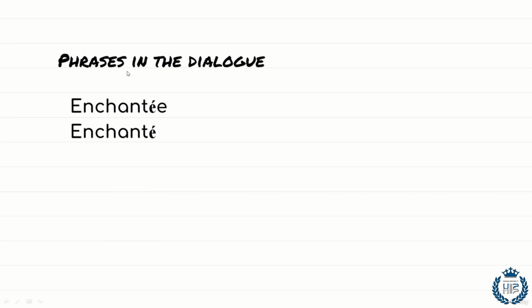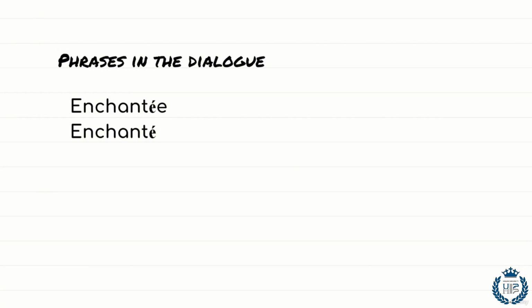We also had another phrase in the dialogue, which is enchanté. Enchanté means nice to meet you. But why are there two E's in enchanté in this one and one here? For females, we put another E. We will later talk about why we have masculine or feminine for each word.